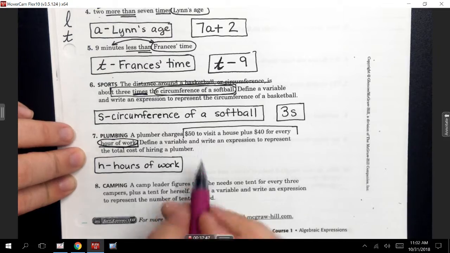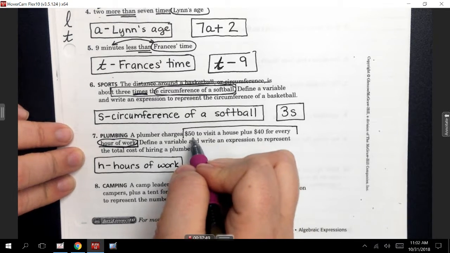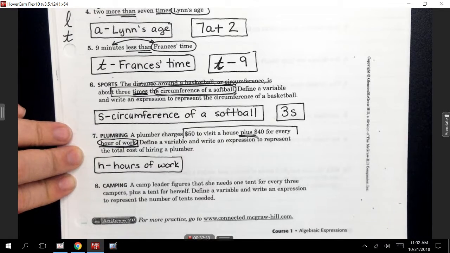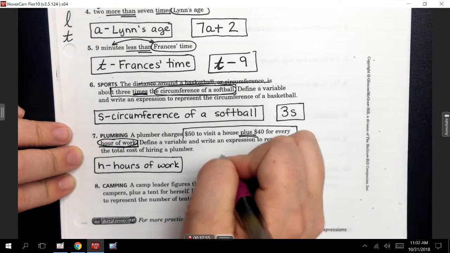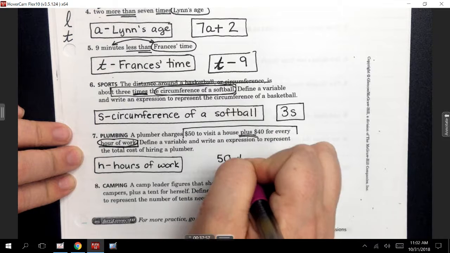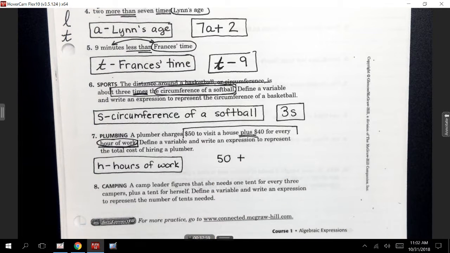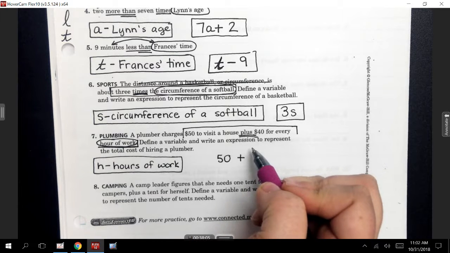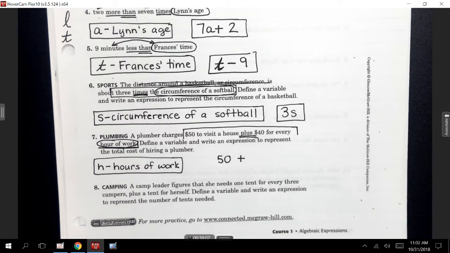All right, let's start writing it out. $50 plus. All right, does it say "than" anywhere in there? No. Okay, so let's just write 50 plus, because do I need to change any direction of anything? 50 plus. Okay, we're good. $40 for every hour. So what does that mean we're doing with that $40 in the hours? Akenna?